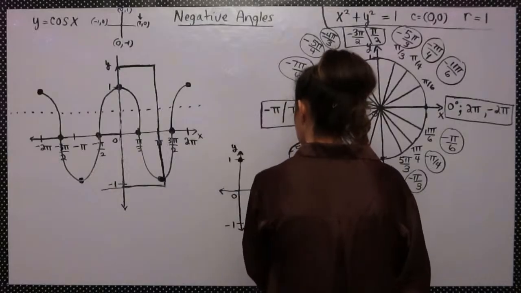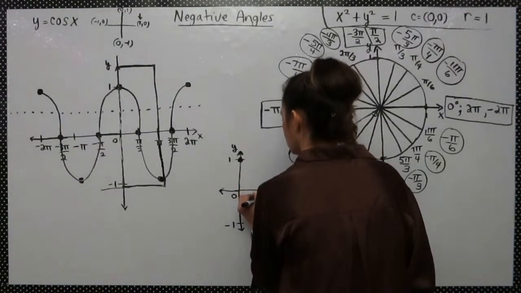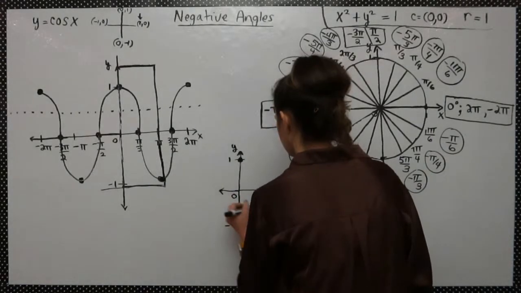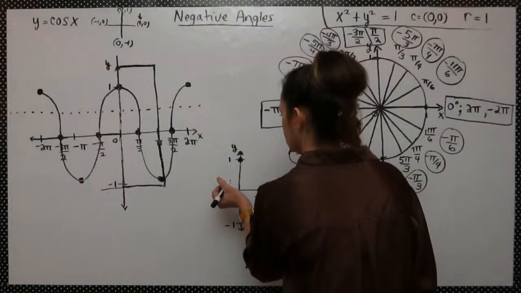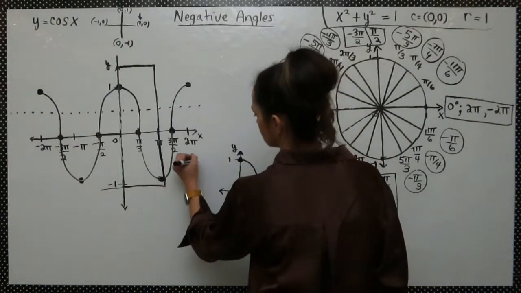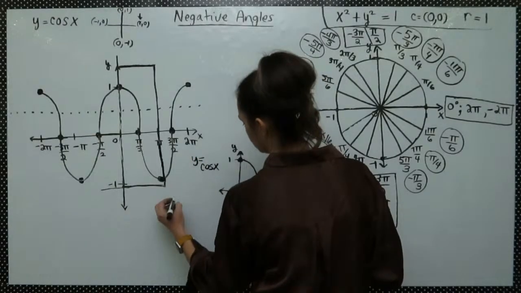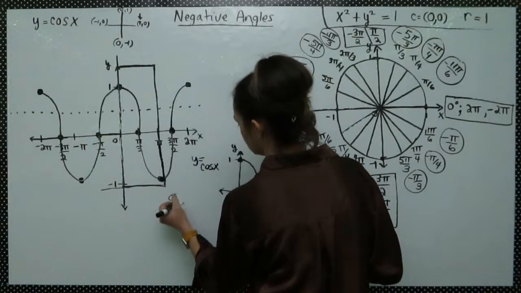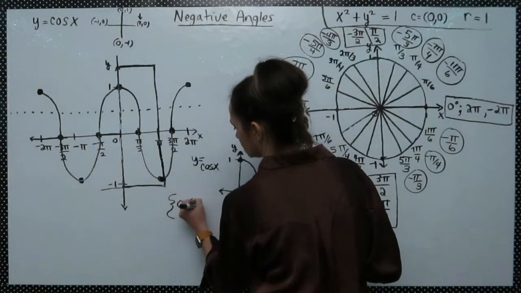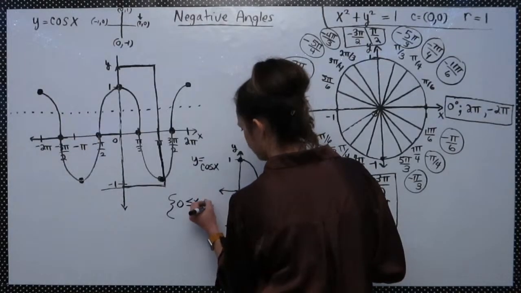So we've got y and x, and then we've got pi over 2 with 0, and then pi was -1. So we have this thing. This is y equals cosine x with a restriction in its domain. So we're saying x is from 0 less than or equal to x less than or equal to pi.